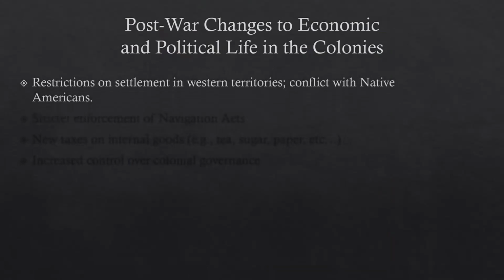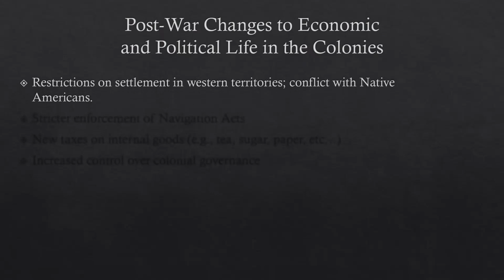I mentioned already restrictions on settlement in the Western territories. They weren't supposed to settle west of the Proclamation Line, but they did. Anyway, many moved west in spite of the proclamation. So conflicts with Native Americans along this disputed territory continued. There's a very famous battle that occurred between Native Americans and British colonists called Pontiac's War of 1763.